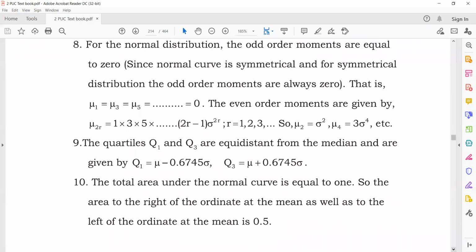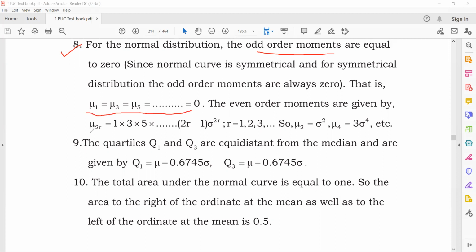So there are many such properties. You just look into 5 to 10 such important cases, and one important property is based on the moments. While defining skewness and kurtosis, we talked about the rth moment, mu r, equal to the total of x minus x bar to the power of r divided by n. I said it is indicated by mu1, mu2, mu3, mu4, and so on.